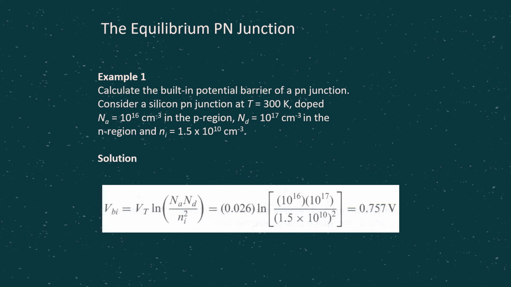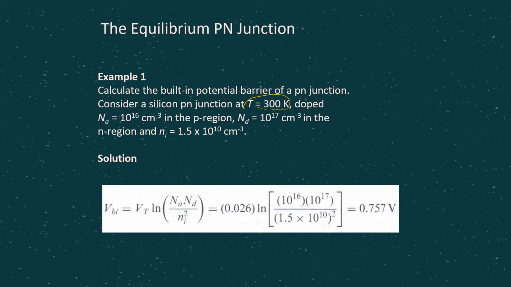If we substitute all the values given, this is at T equal 300 K, room temperature. So VT, straight away we can put 0.026. Or else, if T is at a different value, you have to calculate KT over E, then ln NA/ND over Ni squared. If you substitute everything, you get 0.757 volt.